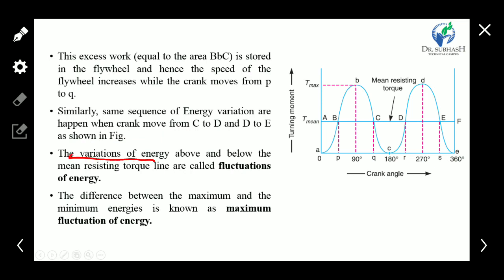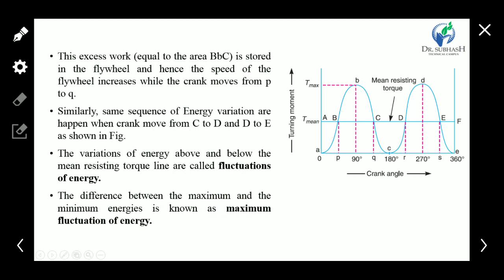The variation of energy above and below the mean resisting torque line is called the fluctuation of energy. So this is the minimum requirement of energy, and the variation of energy above or below this line is called the fluctuation of energy. The difference between the maximum and the minimum energies is called the maximum fluctuation of energy.